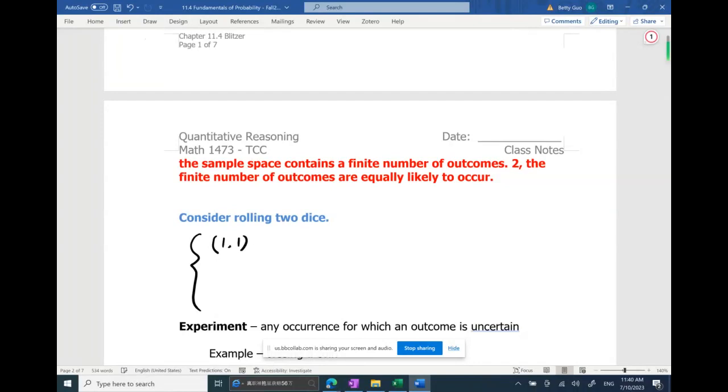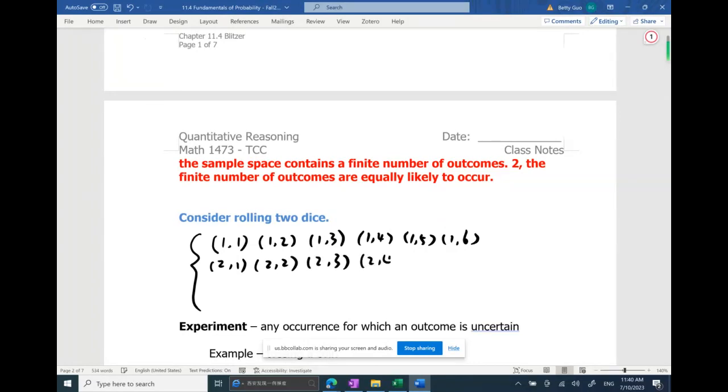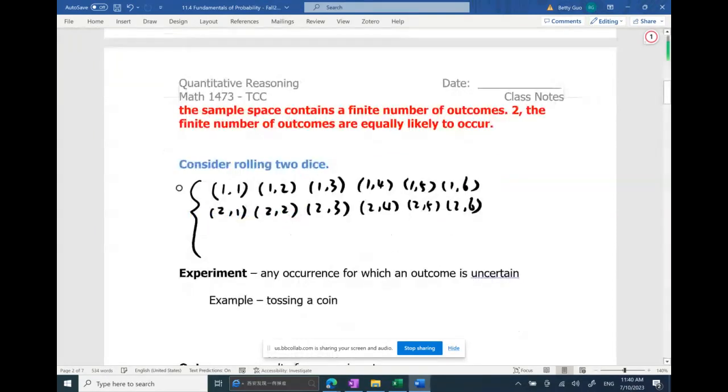1, 1 represents that the number from the first die is 1 and the number from the second die is 1 as well. And 1, 2, 1, 3, 1, 4, 1, 5, 1, 6. And 2, 1, 2, 2, 2, 3, 2, 4, 2, 5, 2, 6. Sorry, it's going to take a little while.